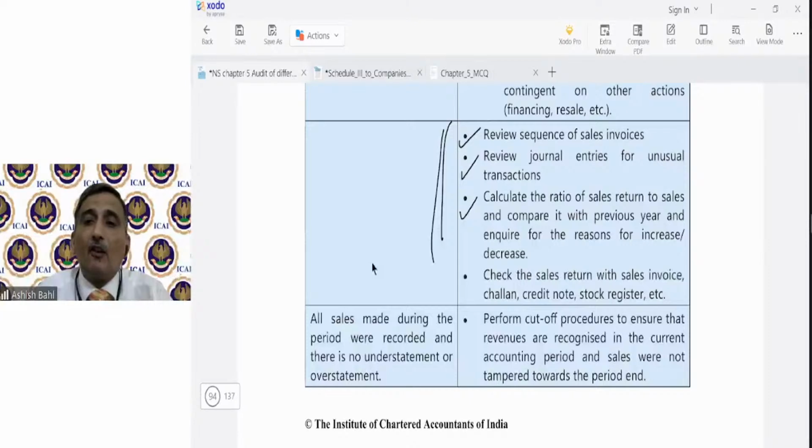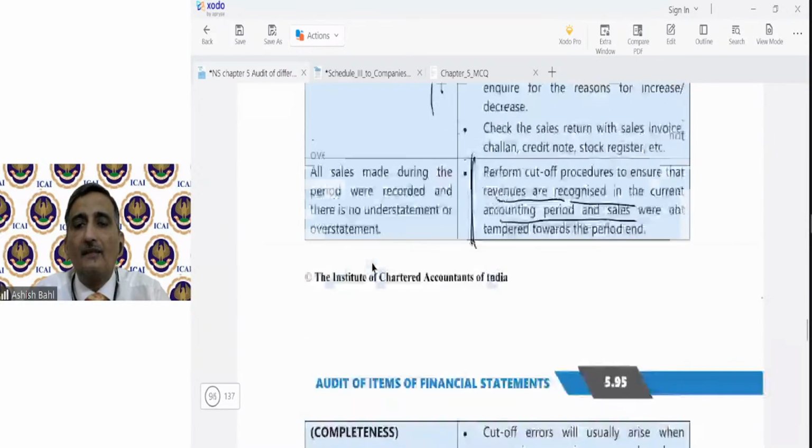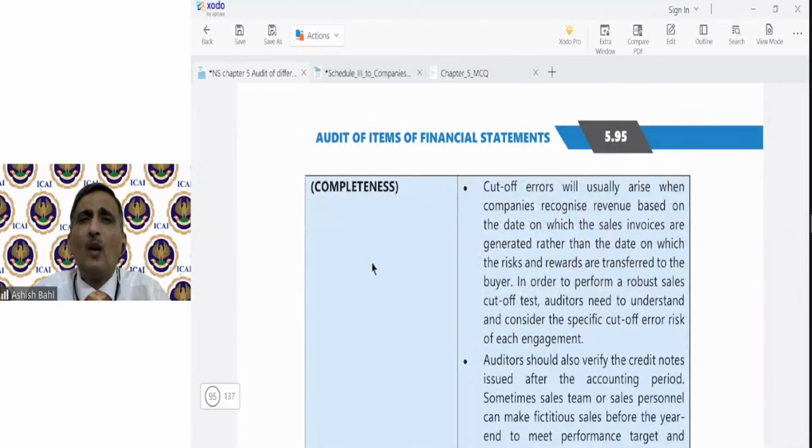And perform cut-off procedures to ensure that revenues are recognized in current period, that all the sales which need to be recorded up to 31st March have been recorded, according to the cut-off date. So all these things.